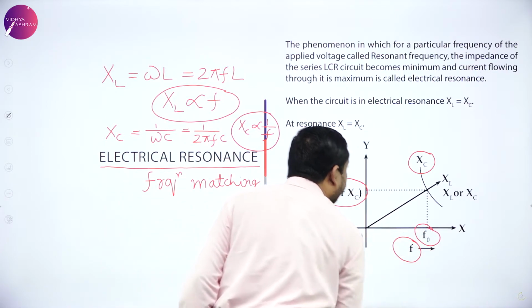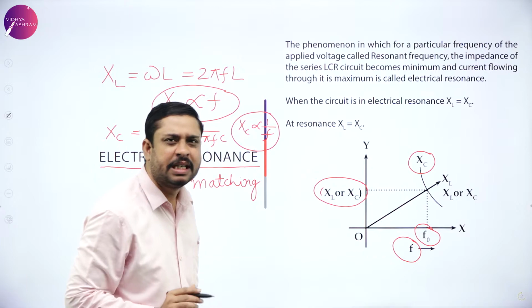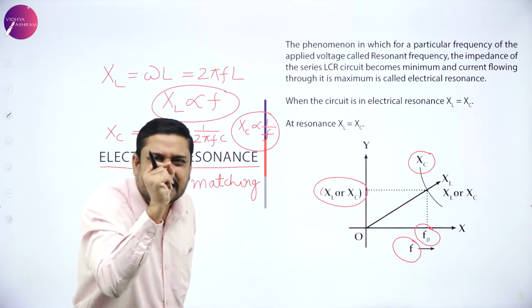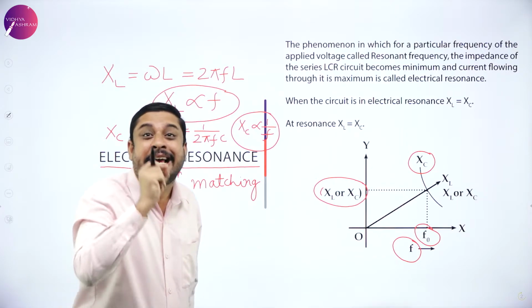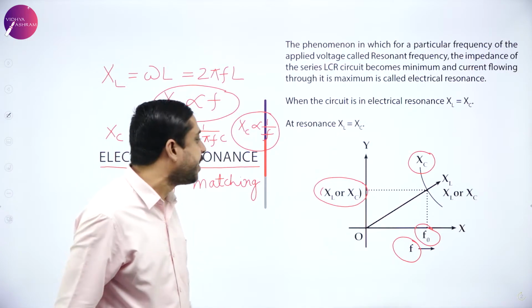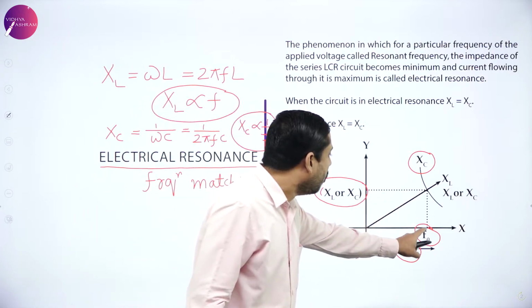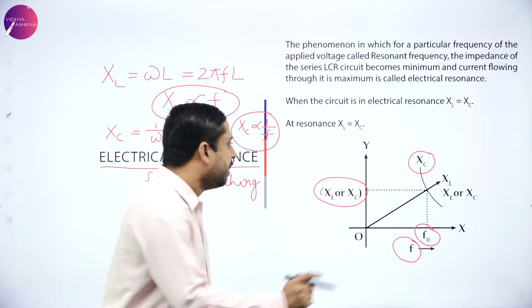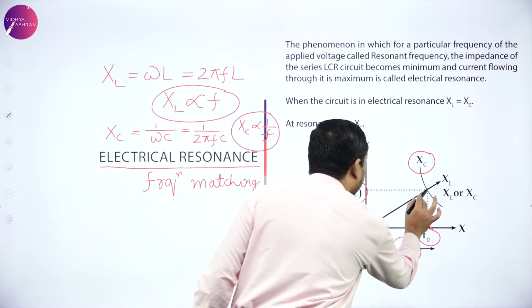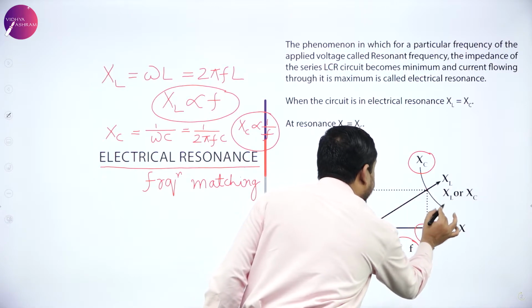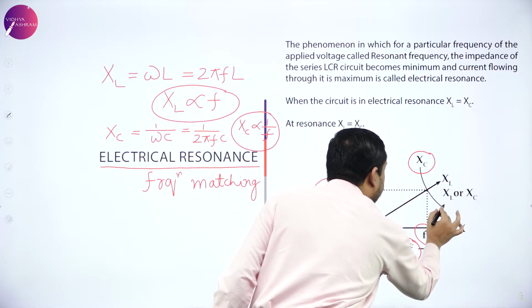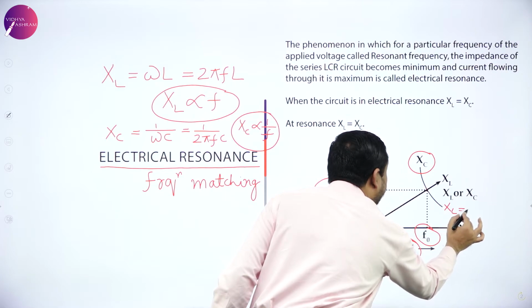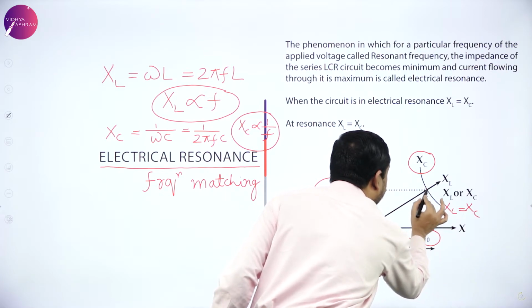For a particular frequency, at some specific characteristic frequency, what I call f0, please observe here, XL is becoming equal to XC.